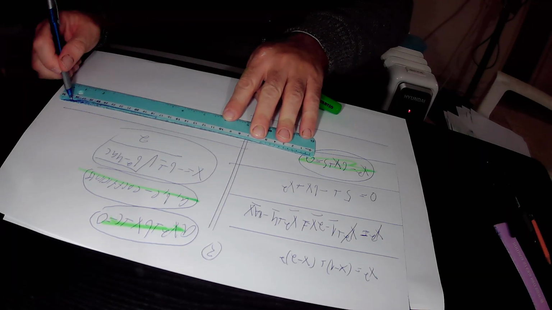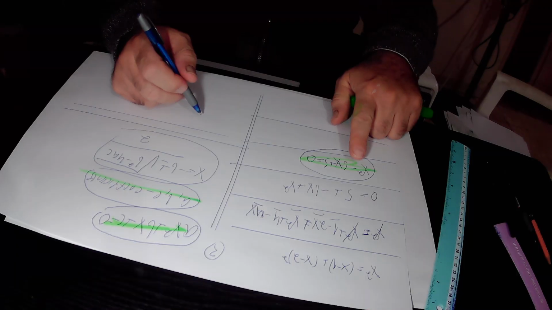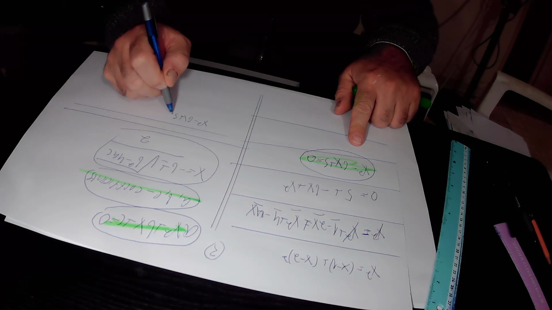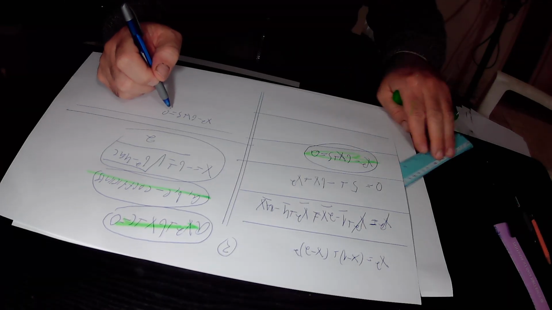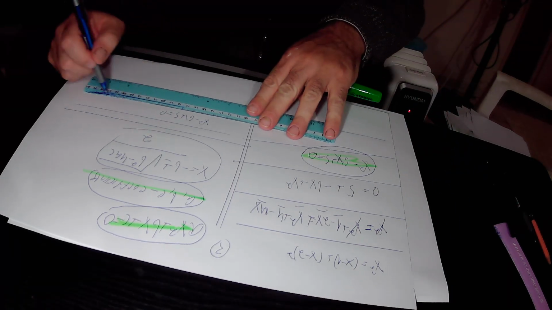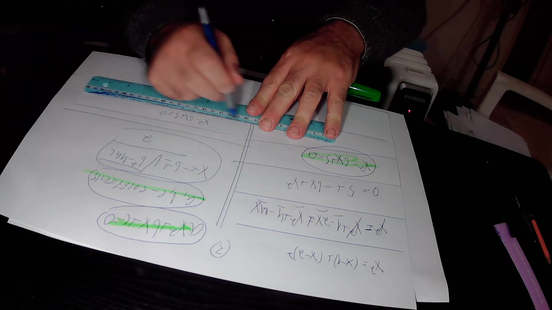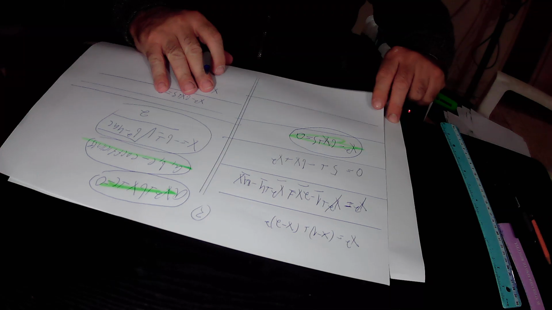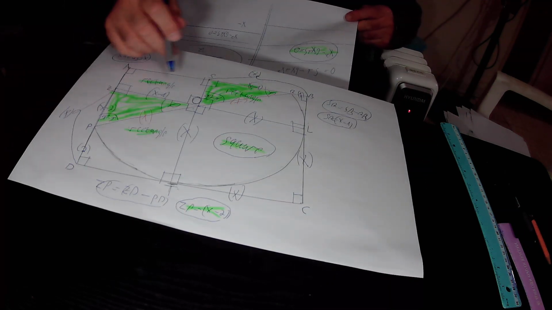Another specific quadratic equation is x squared minus 6x plus 5 equals 0. The variable that we are looking for is x, and x is the radius of this semicircle.